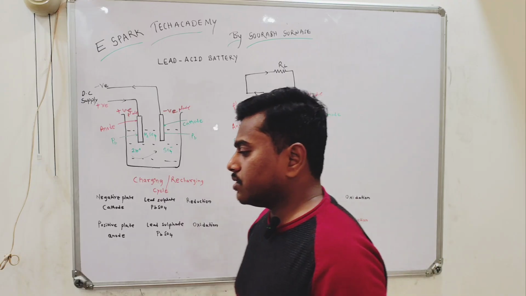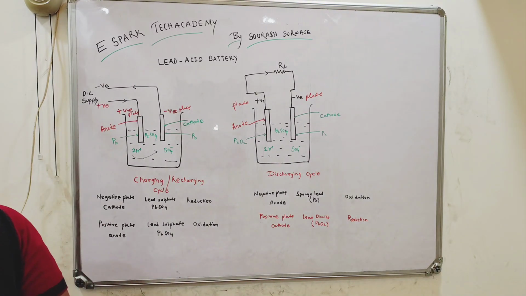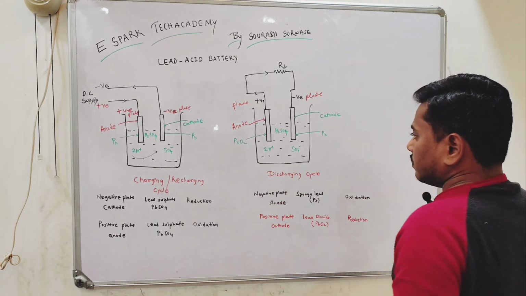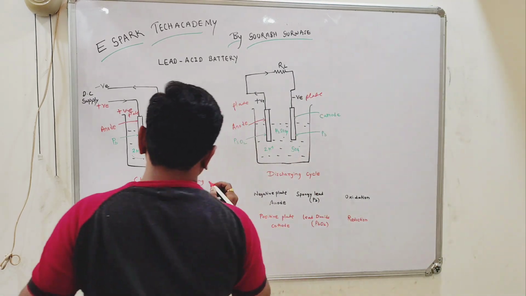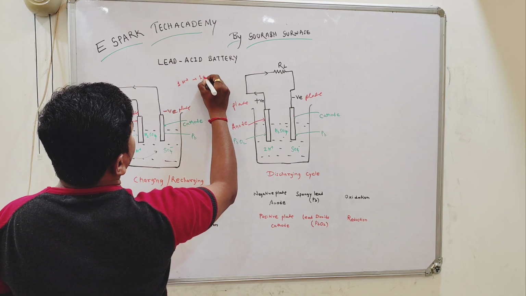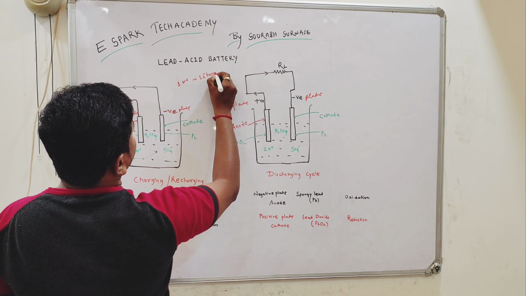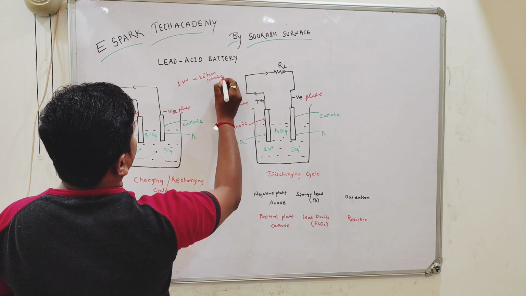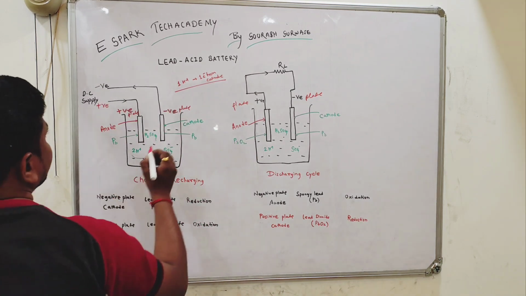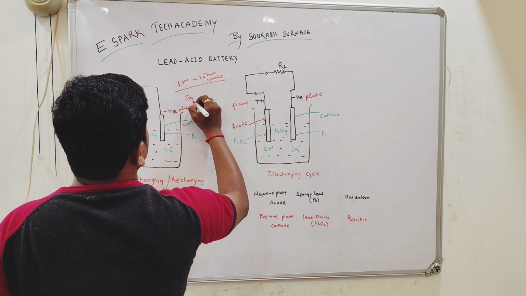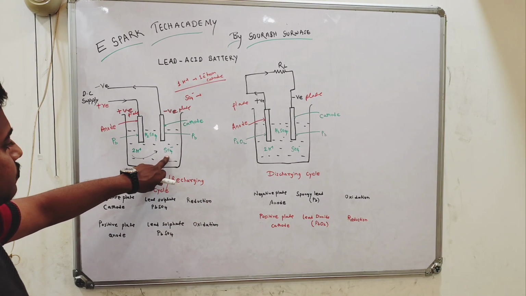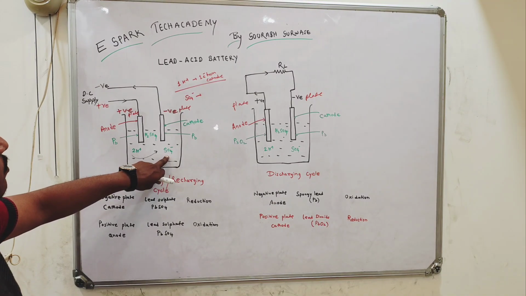While moving, one H plus ion takes one electron from the cathode, and each SO4 minus, the sulfate SO4, is being formed.